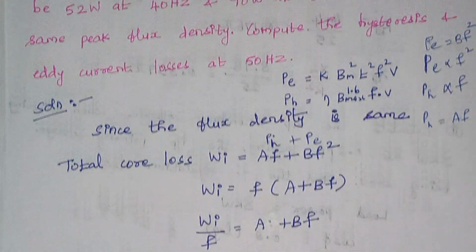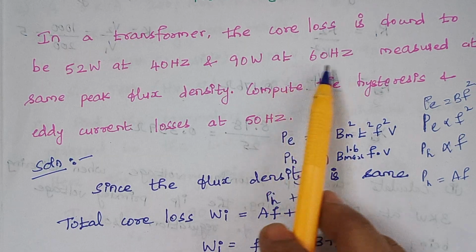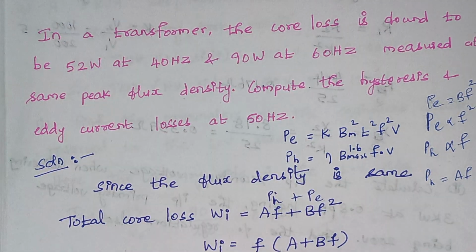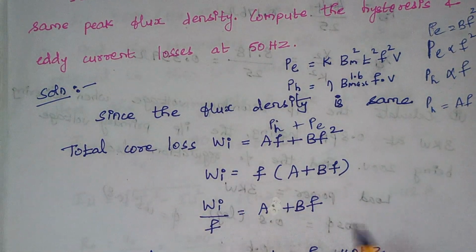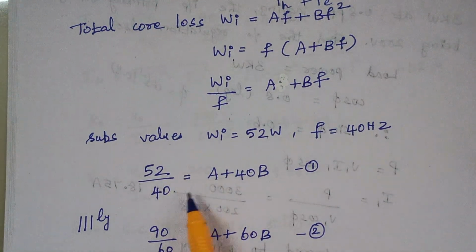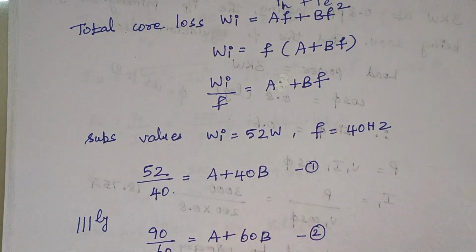Right. So now we have two different values: 52 watts at 40 Hertz and 90 watts at 60 Hertz. This is the power and this is the frequency, and we have framed an equation in terms of power and frequency. So just substitute the values over here. 52 by 40 is equal to A plus 40B.